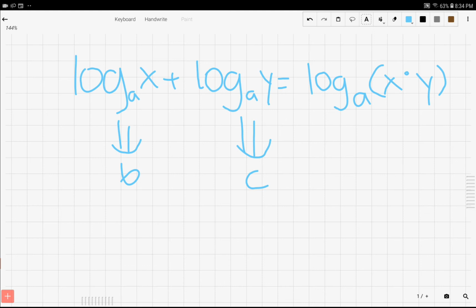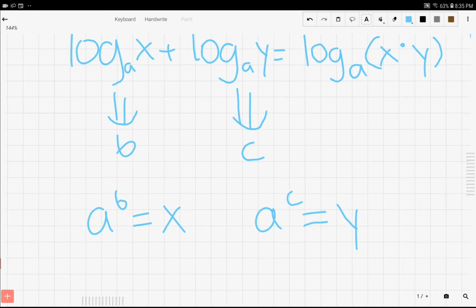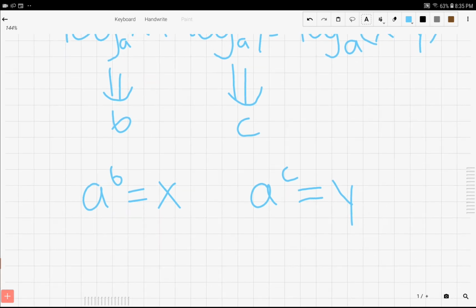Well, then we know that a to the b is equal to x, and a to the c is equal to some number y, by the property of logarithms we defined before about converting exponential form to logarithmic form.